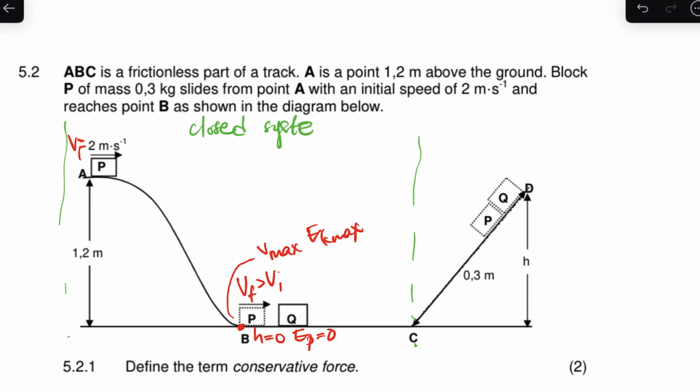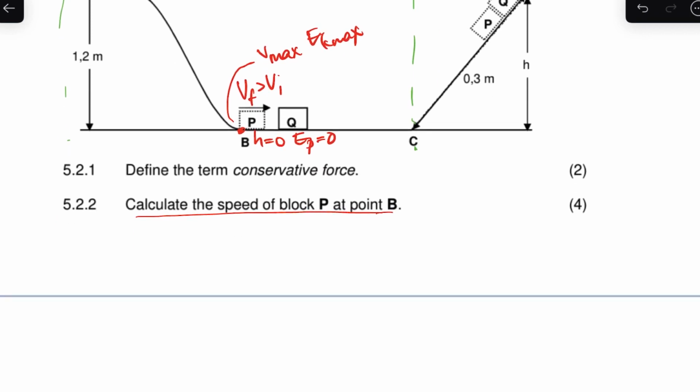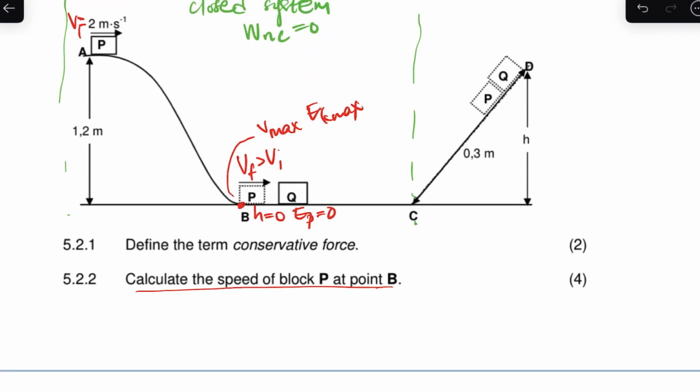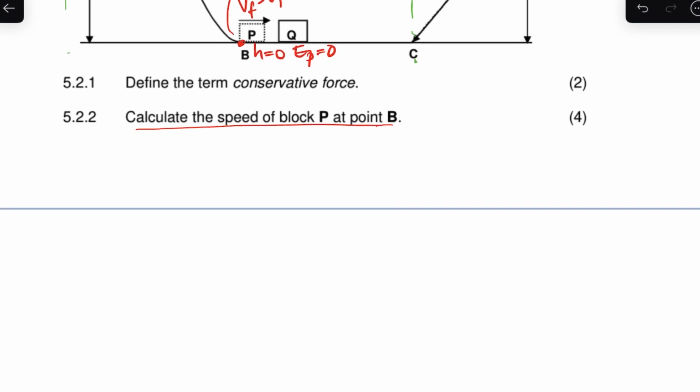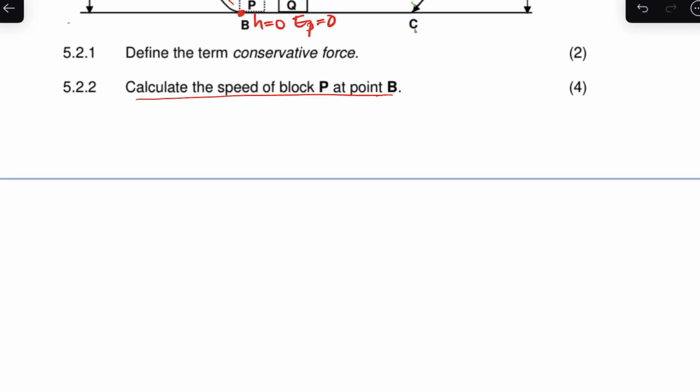So closed system, no external forces, no non-conservative force, and the work done by non-conservative force is 0. It's very important. So it says calculate the speed there. So there are so many ways we can do that. We can use the mechanical energy or the work done by non-conservative force. I'm going to show you both.